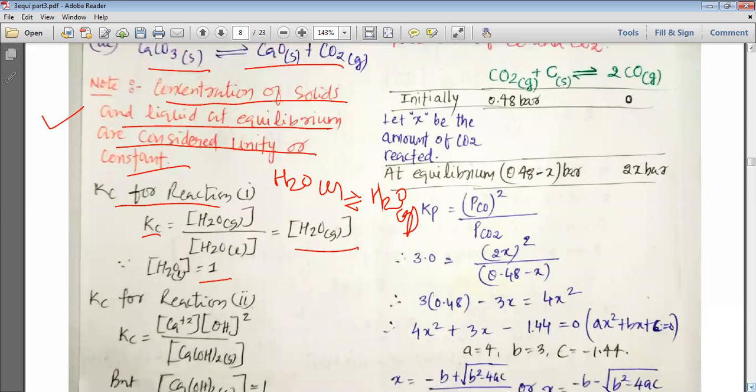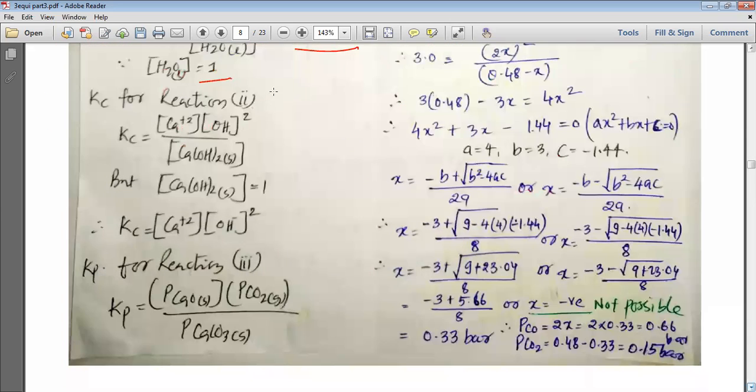Same way, my dear students, if we write it for our second equation, Ca(OH)2 solid has an equilibrium with Ca2+ and 2OH- aqueous.